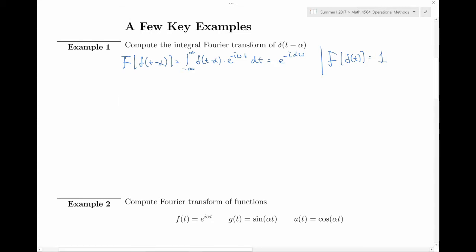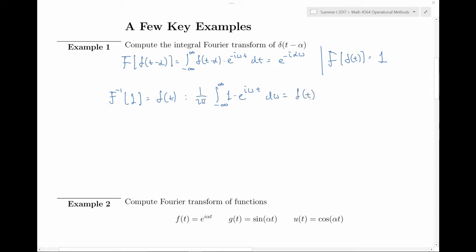One of the implications is that the inverse Fourier transform of 1 must be the delta function. What I mean by that is 1 over 2 pi, the integral from minus infinity to infinity of 1 times e to the positive i omega t d omega must be the delta function of t.